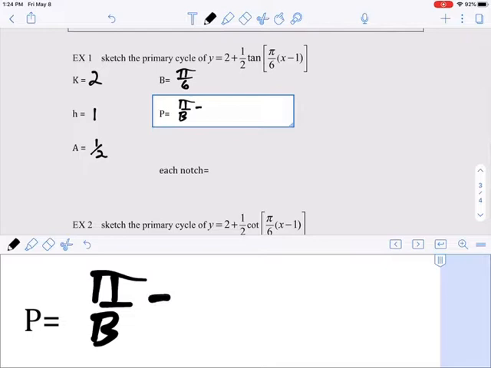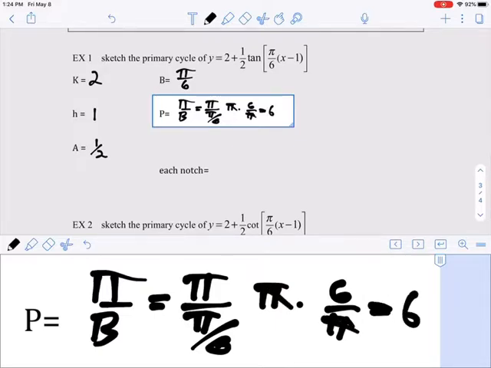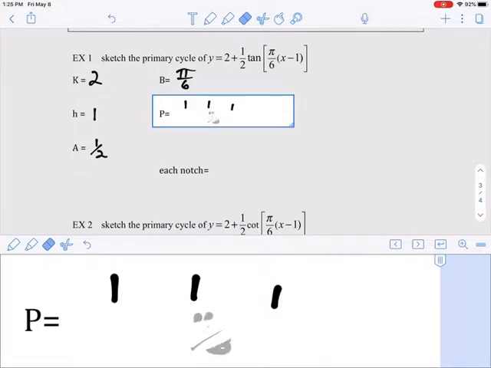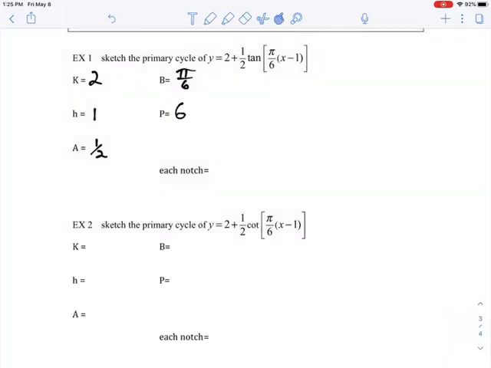So we are talking pi over 6. Flip and multiply, we've got pi times 6 over pi. The pi's cancel, we just get 6. So our period is 6. Our each notch is still the period over 4.